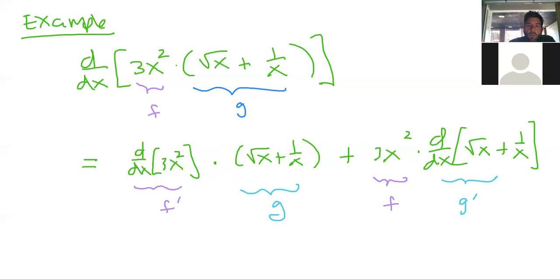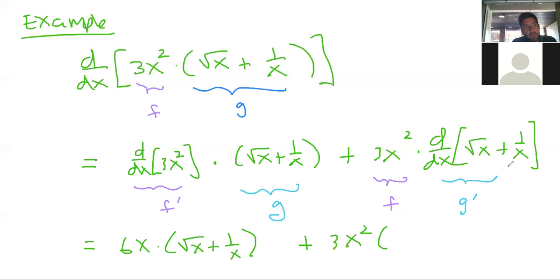And so now, once we've done this, it just remains to compute the derivative. So I could write this as 6x times the quantity square root x plus 1 over x. And then this is plus 3x squared.